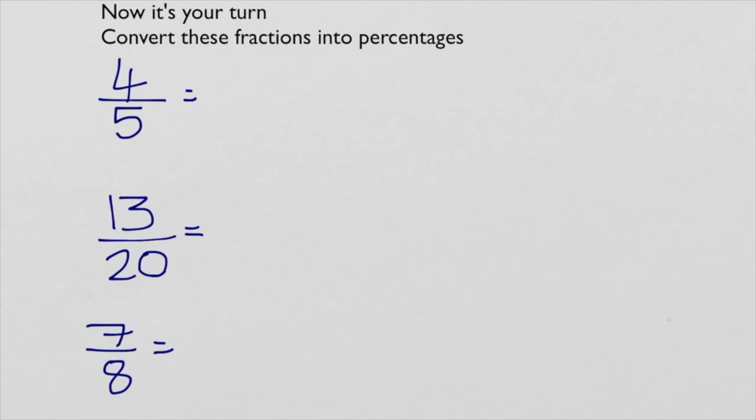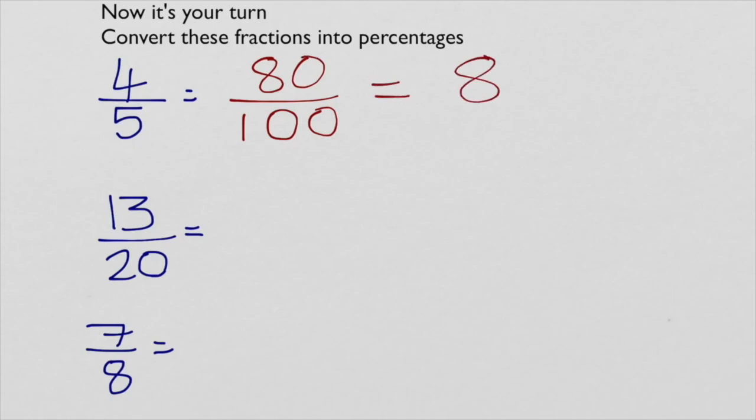Okay, so 4/5. I'm going to look at that 5 at the bottom and think, is that a factor of 100? Yes, it is. I've multiplied it by 20, so do the same to the top. 4 times 20 equals 80, and 80 over 100 is the same thing as 80%. Next one, 13/20.